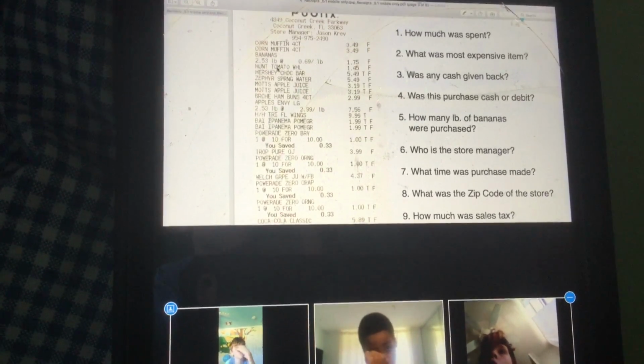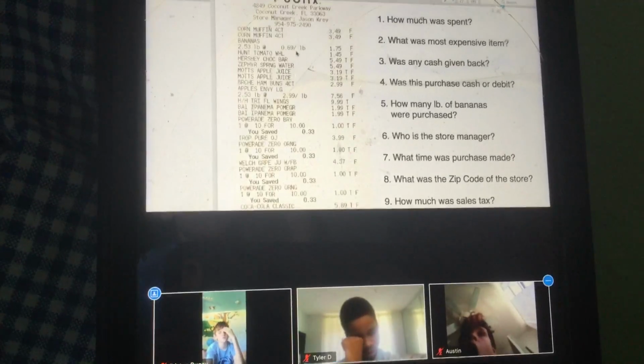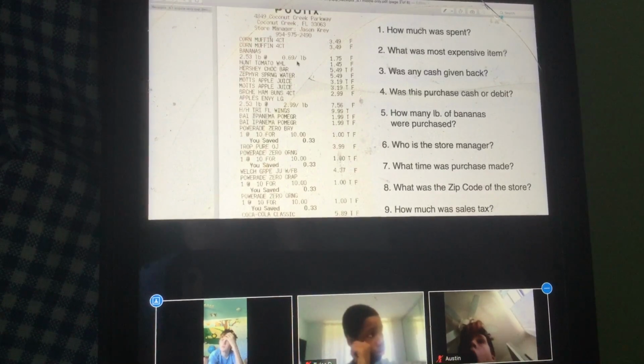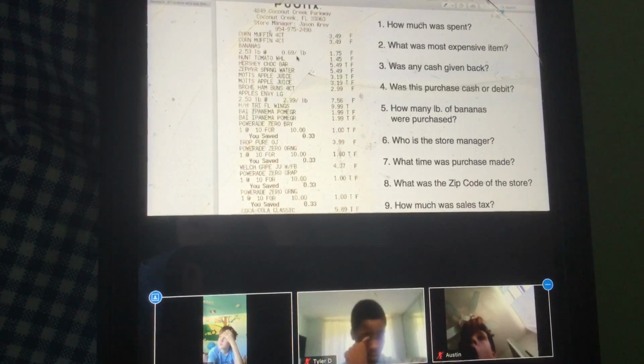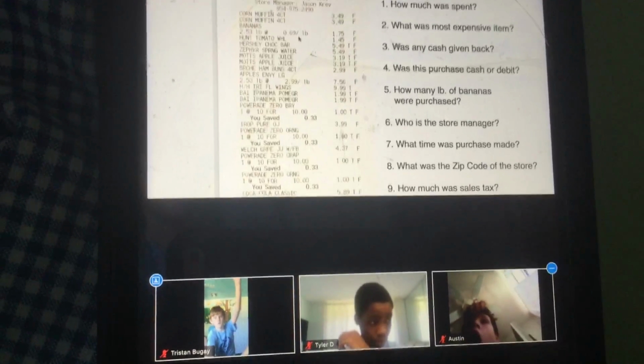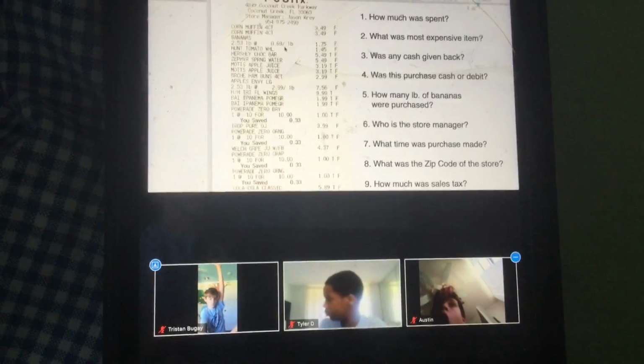So now you can see how they calculate that when you buy something that's sold by the pound, they weigh it. Bananas cost 69 cents a pound.